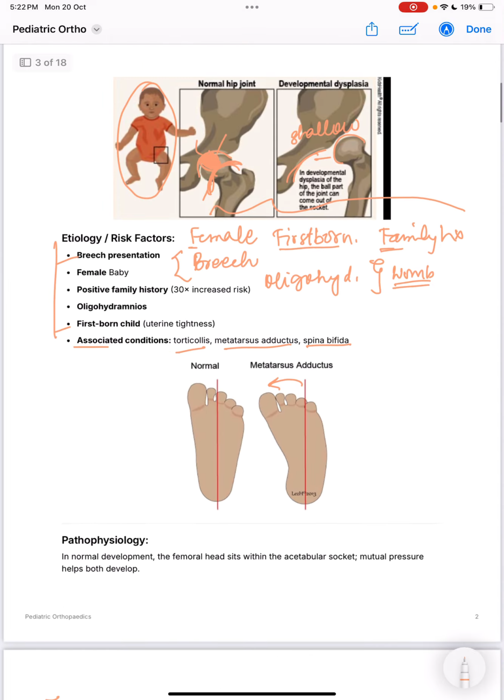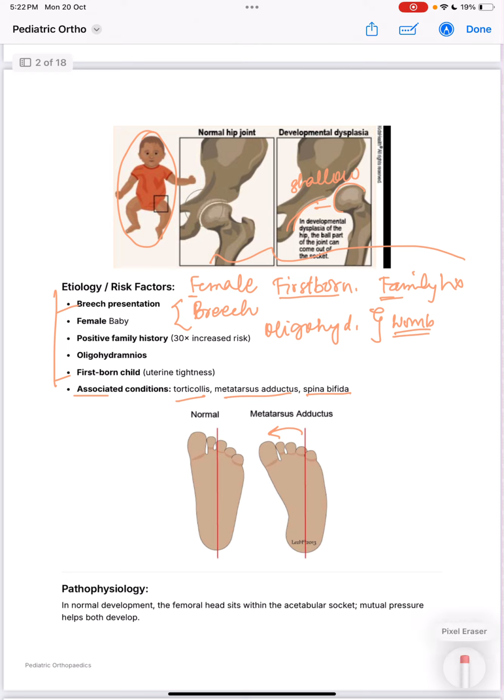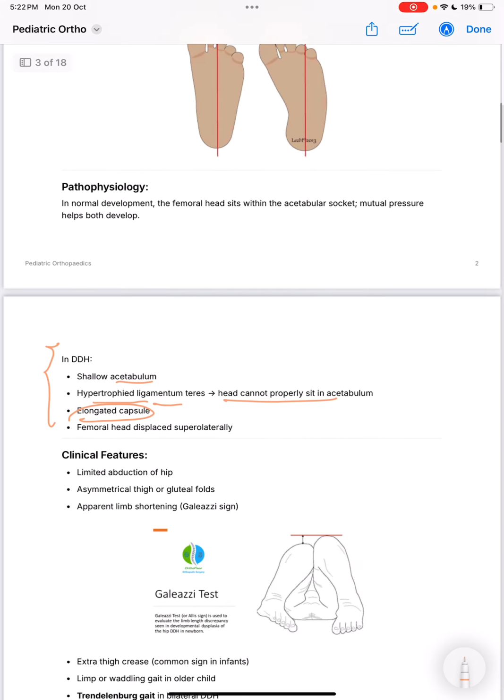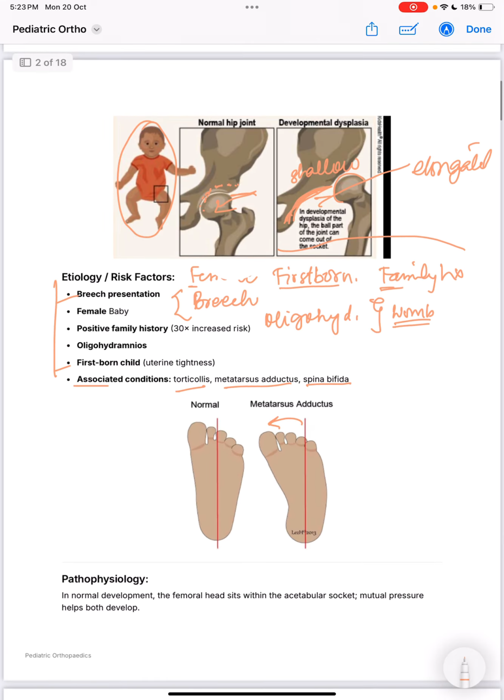Elongated capsule. So essentially there's this constant force, the head going in and out repeatedly, which means it pulls the capsule out. And while it does that, it takes this shape, and you can see that this is shallow, but it's also elongated. So an elongated capsule, and then the femoral head is displaced superior-laterally. So we can see here the type of displacement.